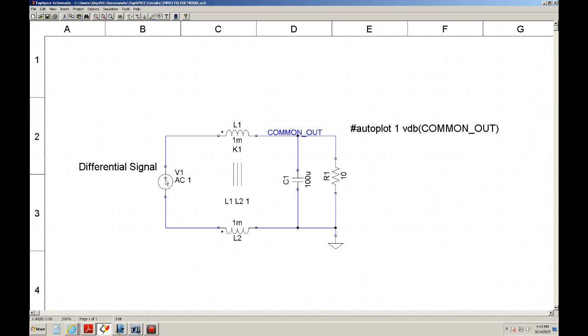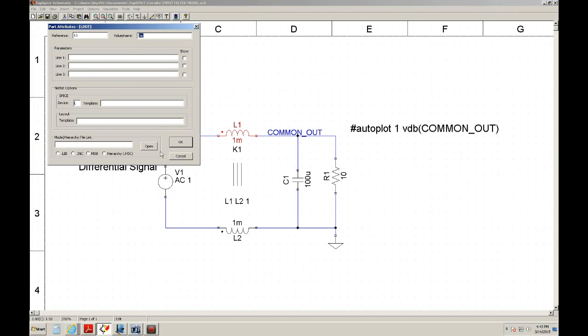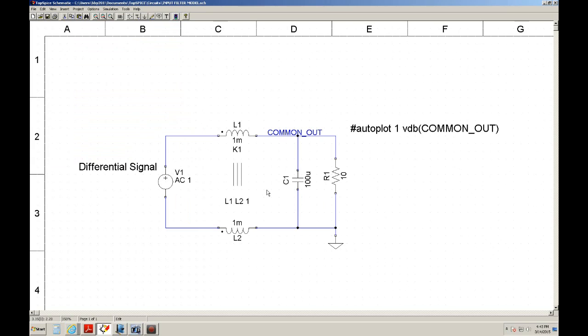I have my positive and my negative, and I have my inductor, a 1 millihenry inductor on top and a 1 millihenry on the bottom.